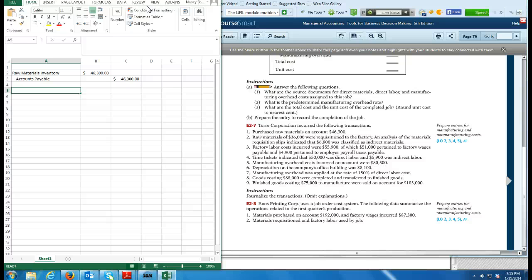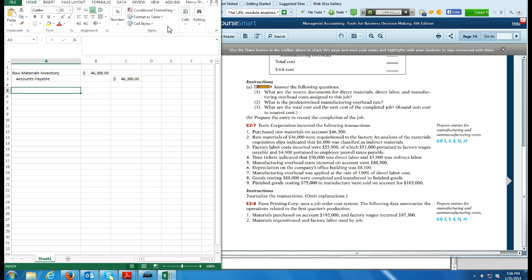Now we know that the indirect materials will go into a manufacturing overhead account, and those raw materials will go into work in process. So I hope I haven't said too much, but I just want to keep reiterating that a raw materials inventory account can go into manufacturing overhead, just like factory labor can go into direct labor, or it can also go into manufacturing overhead.